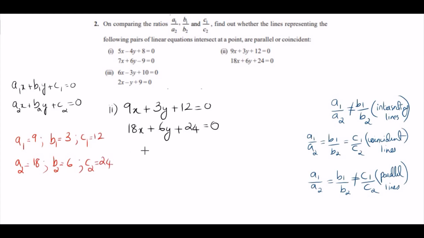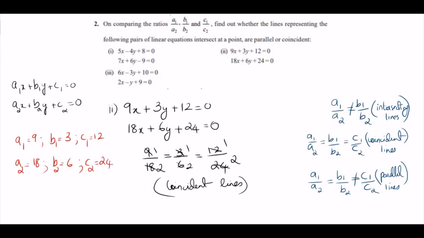So when you compare, a1 by a2 is 9 by 18 is equal to b1 by b2 is equal to c1 by c2. That is, 9 by 18 is 1 by 2, 3 by 6 is also 1 by 2 and 12 by 24 is also 1 by 2. That is, you get a1 by a2 is equal to b1 by b2 is equal to c1 by c2. That means you have coincident lines.